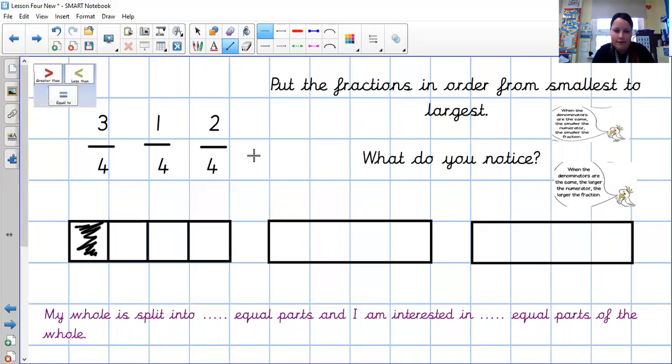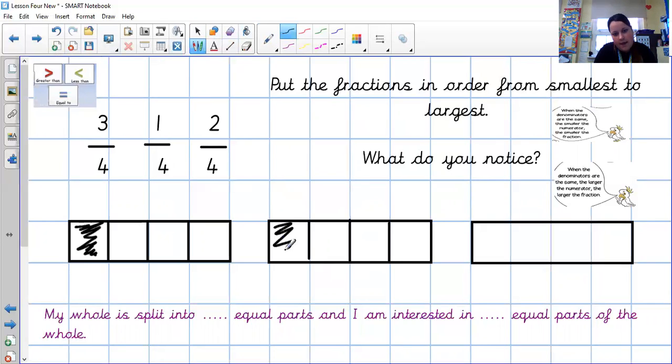Okay, the next one I think will be 2 quarters, because my numerator 3 is greater than 2. So I think the next one's going to be 2 quarters, but I'm going to check. So I'm going to divide my whole into 4 equal parts. And I am interested in 2 out of those 4 equal parts.